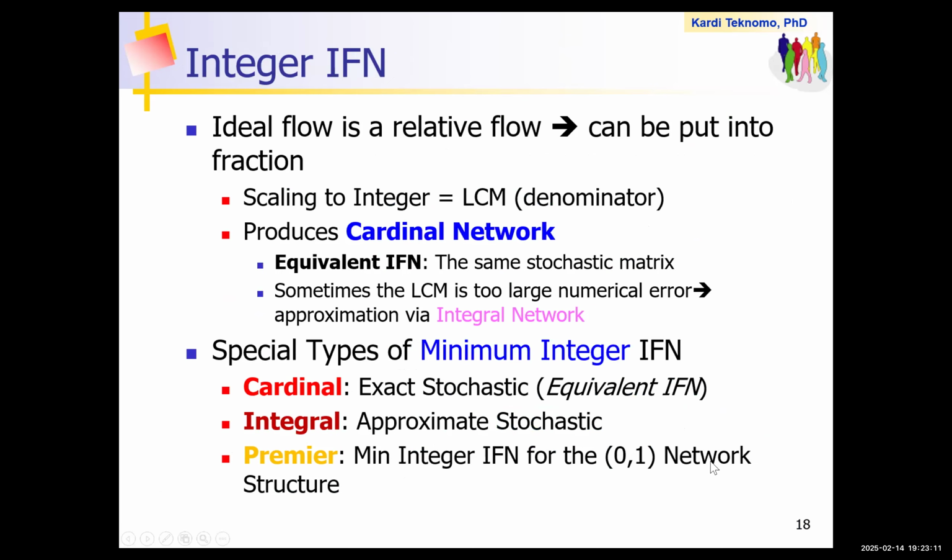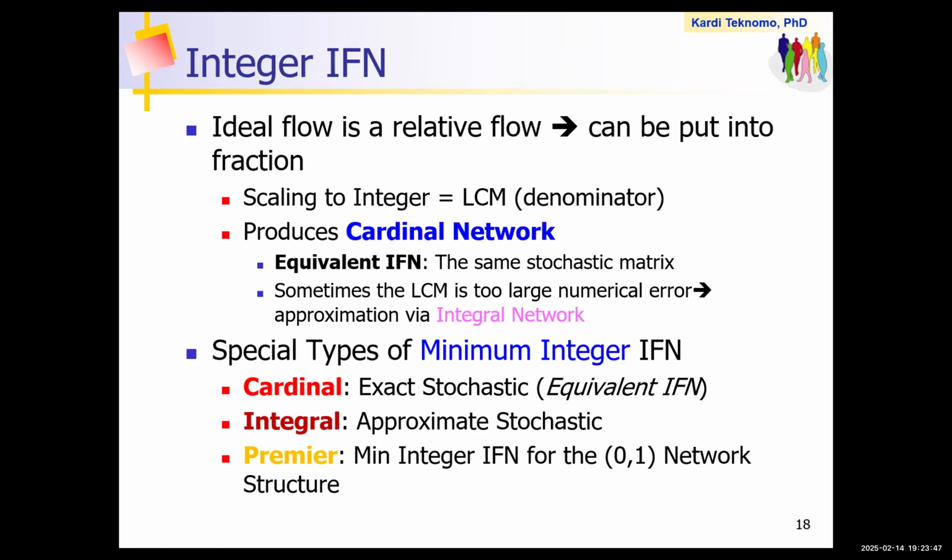But if you use premier IFN, you don't need to know the stochastic matrix. All you need is only the network itself, which is supposed to be strongly connected. Then you will find the minimum integer based on the connectivity of the network structure. Can you see the difference between cardinal and premier?